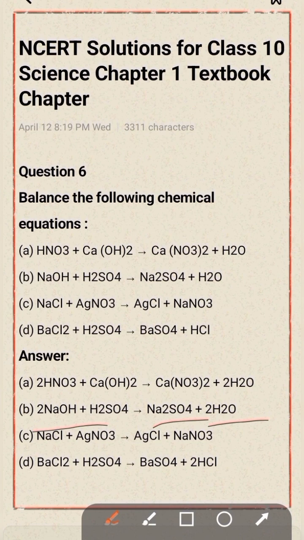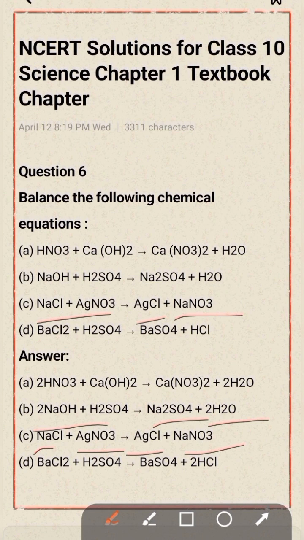Next part C. NaCl sodium chloride plus silver nitrate AgNO3 form silver chloride AgCl plus sodium nitrate NaNO3. That is the balanced equation: NaCl plus AgNO3 form the product AgCl silver chloride plus NaNO3 sodium nitrate.